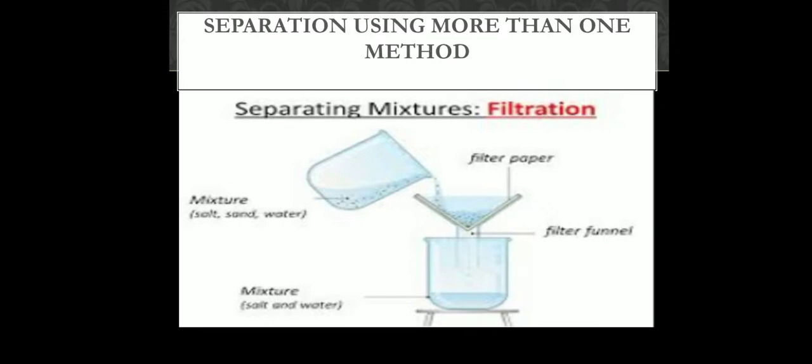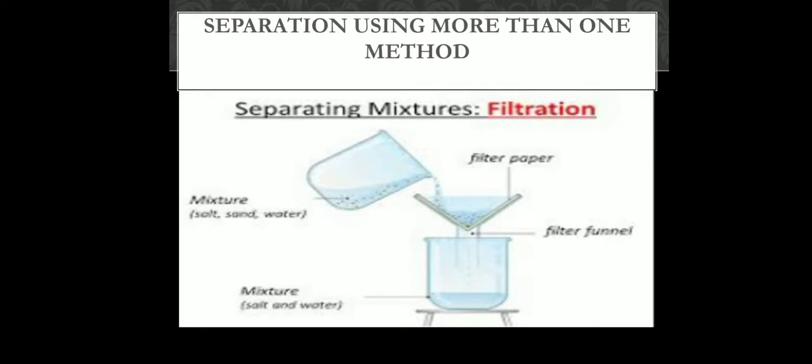We have learned about the separation of mixtures that contain only two components. A mixture with more than two components requires a combination of several methods of separation. In such a condition, we need to use more than one of these methods. For example, we have a mixture of salt, water and sand.